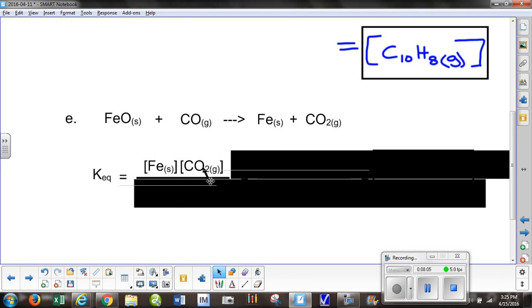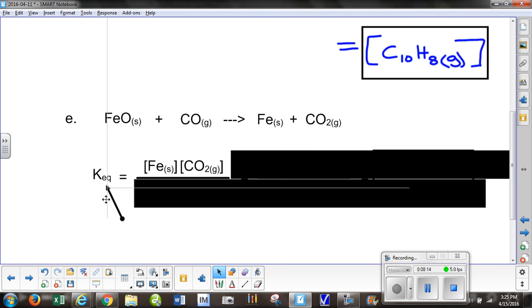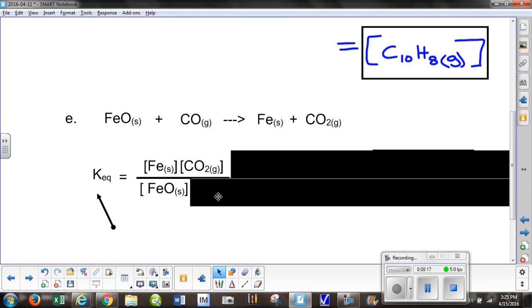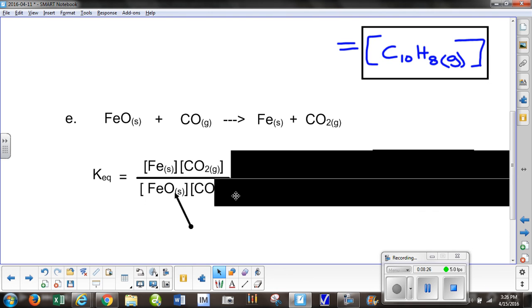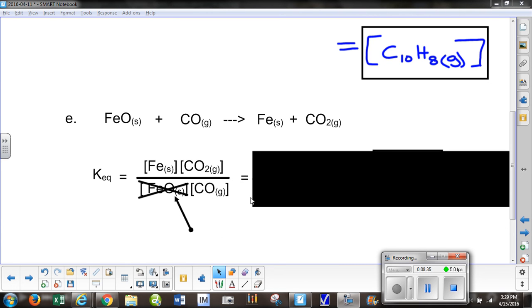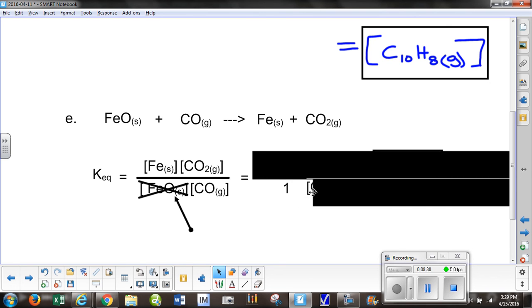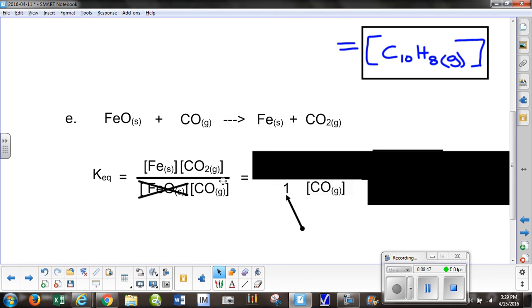And we have the solid and the gas, and of course we're going to have to get rid of this, but we want to see where this guy is in the whole grand scheme of things.